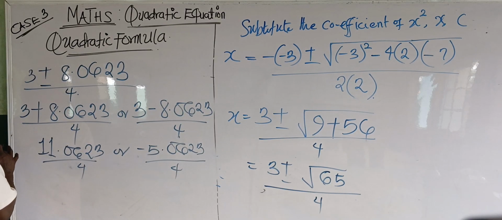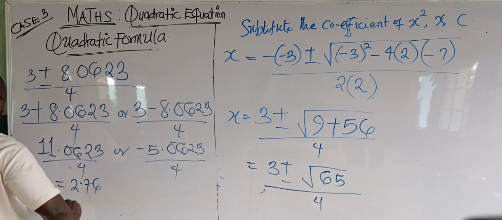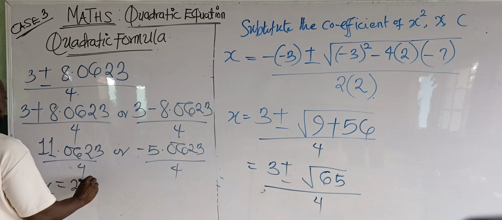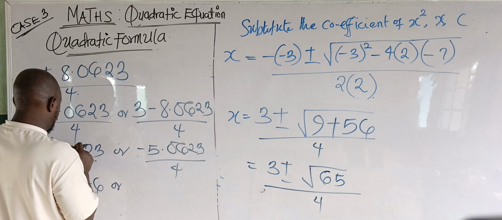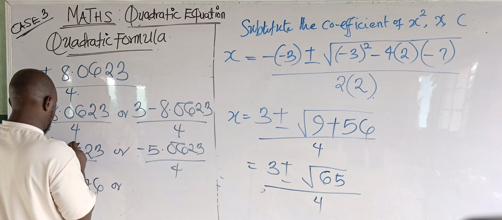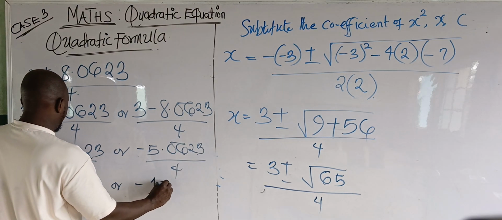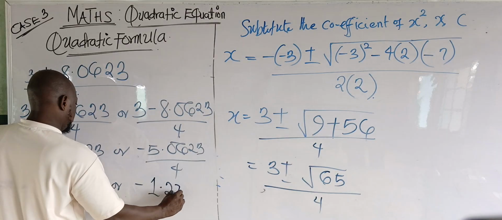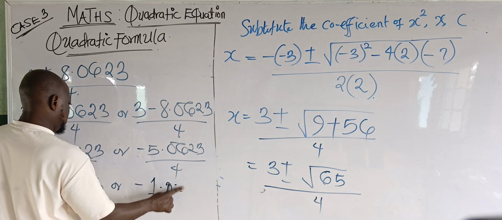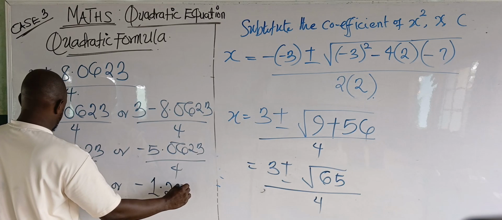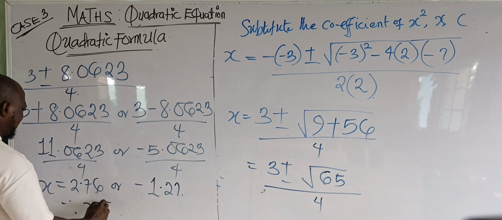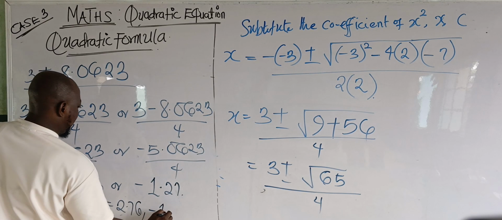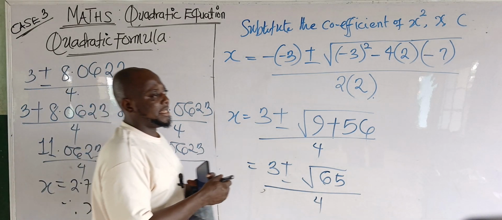If you divide by 4, my x becomes 2.76, changing this to just 2 decimal places, or minus 1.27. So x is 2.67 comma minus 1.27. This is how this is solved.